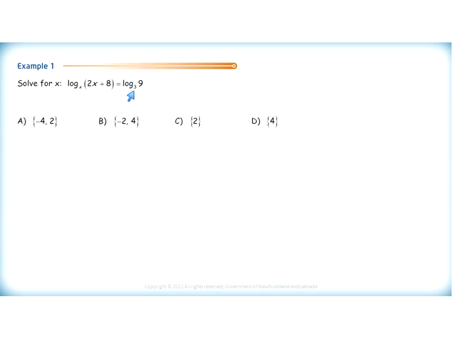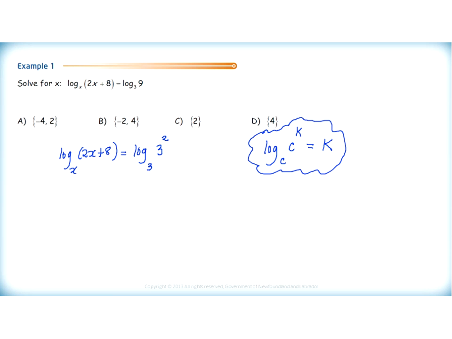So we have the log of 2x plus 8 to base x is equal to the log of 9 to base 3. Notice that the number 9 can be rewritten with a base of 3. So we have the log of 2x plus 8 to base x is equal to the log of 9, which is rewritten as 3 squared, to the base of 3.